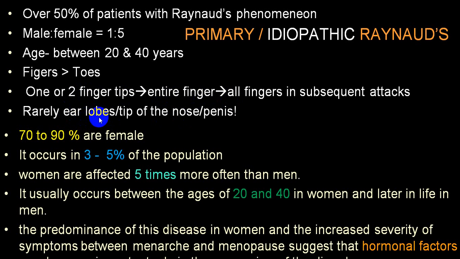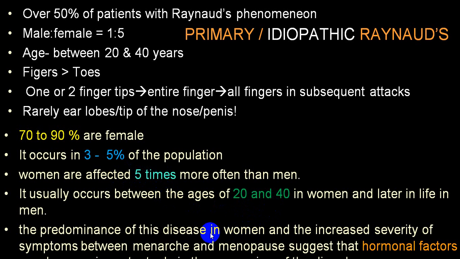Rarely earlobes, tip of the nose, very rarely glands. 70 to 90% are female. It is affecting 3 to 5% of the population. The male to female ratio is almost 1:5. Age we already mentioned between 20 to 40 years.